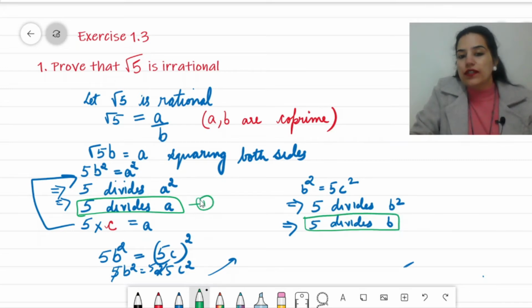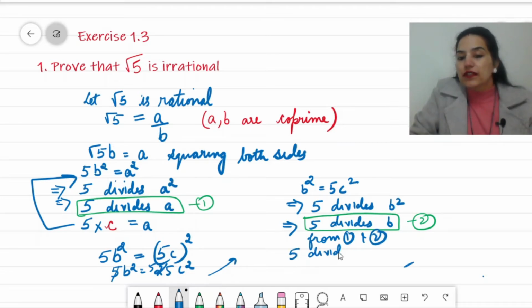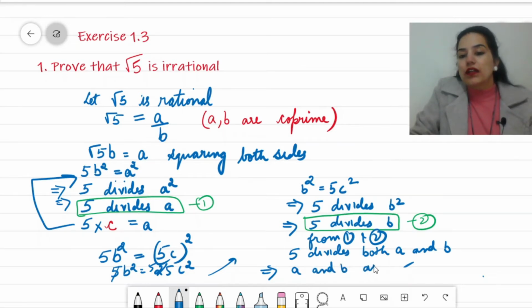So this is 1 and this is 2. From 1 and 2, 5 divides both a and b, which tells us that a and b are not co-prime.